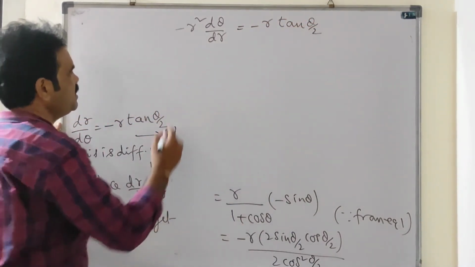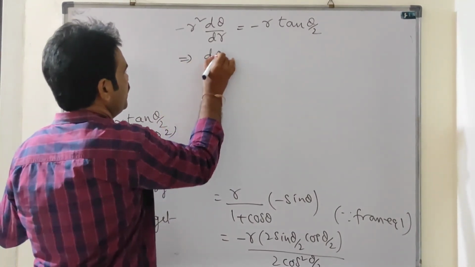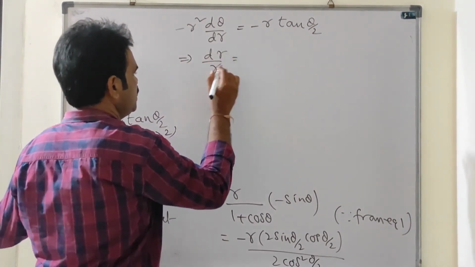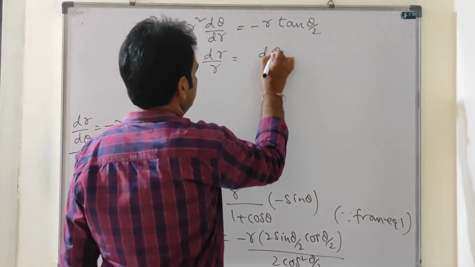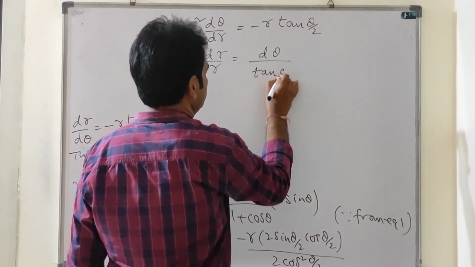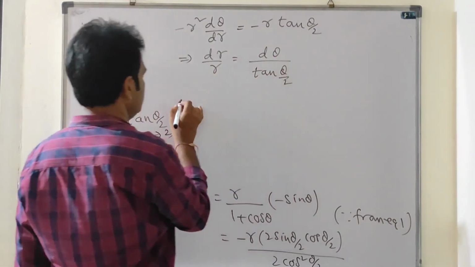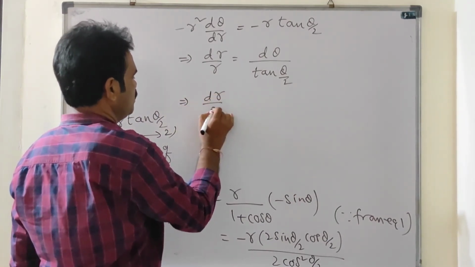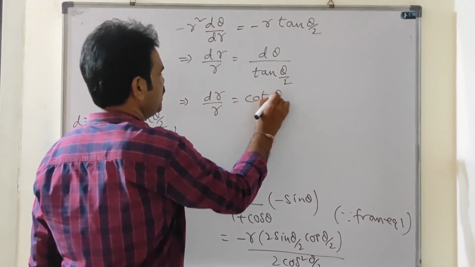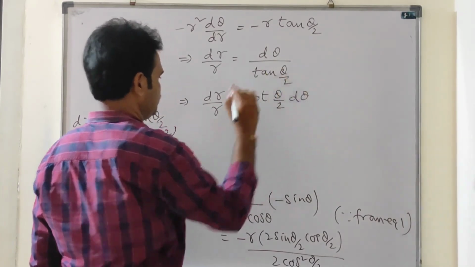Both sides minus cancel, implies dr by r is equal to d theta by tan theta by 2. It implies dr by r is equal to cot theta by 2 d theta.